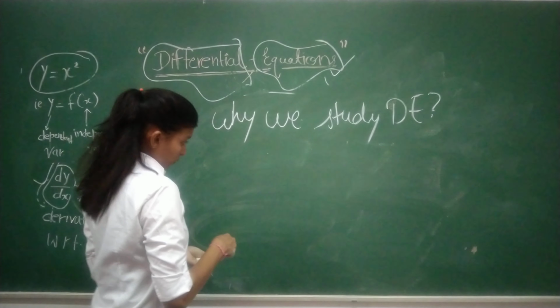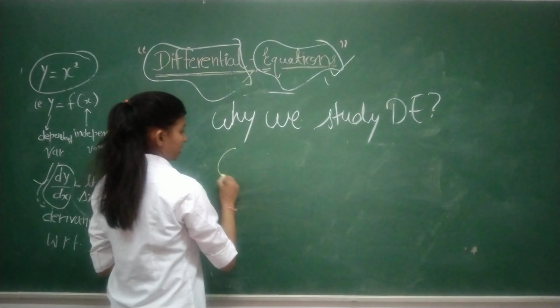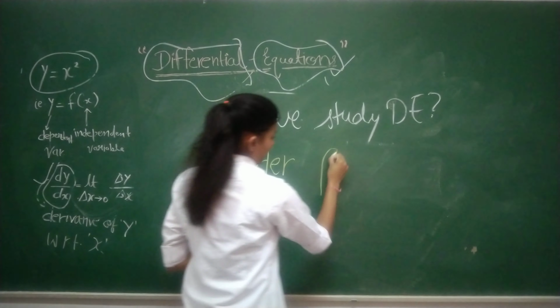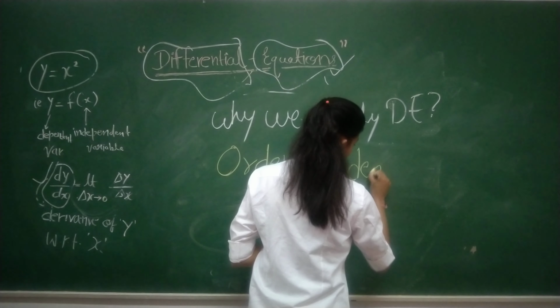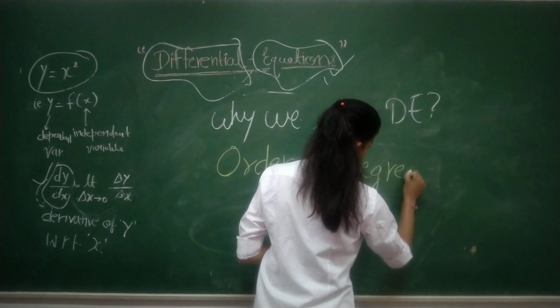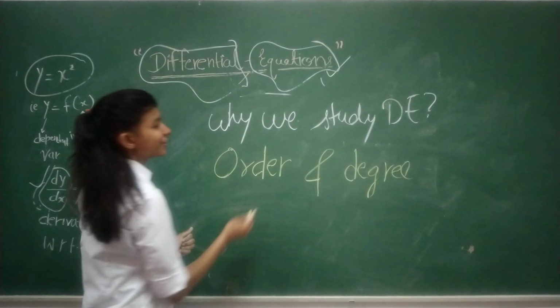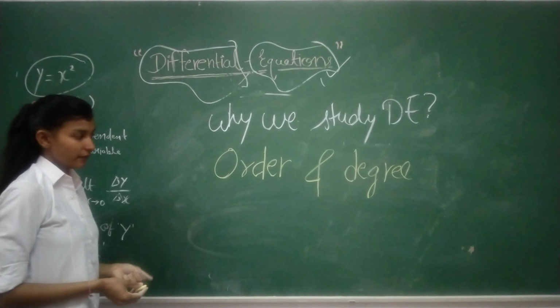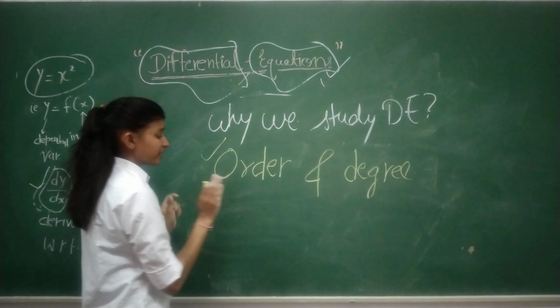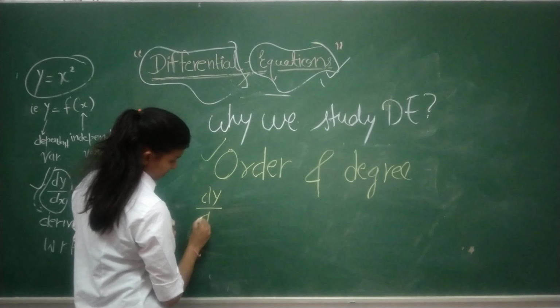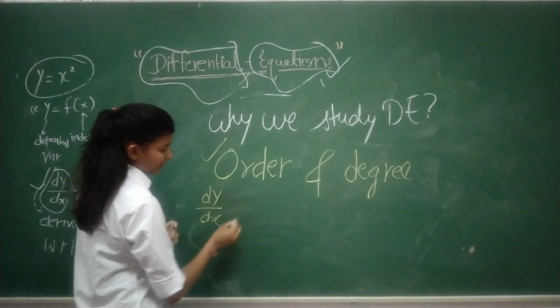Now we are going to study two important terminologies of differential equations: order and degree. The order of a derivative is clearly defined. If we differentiate once, it is called a first order derivative.